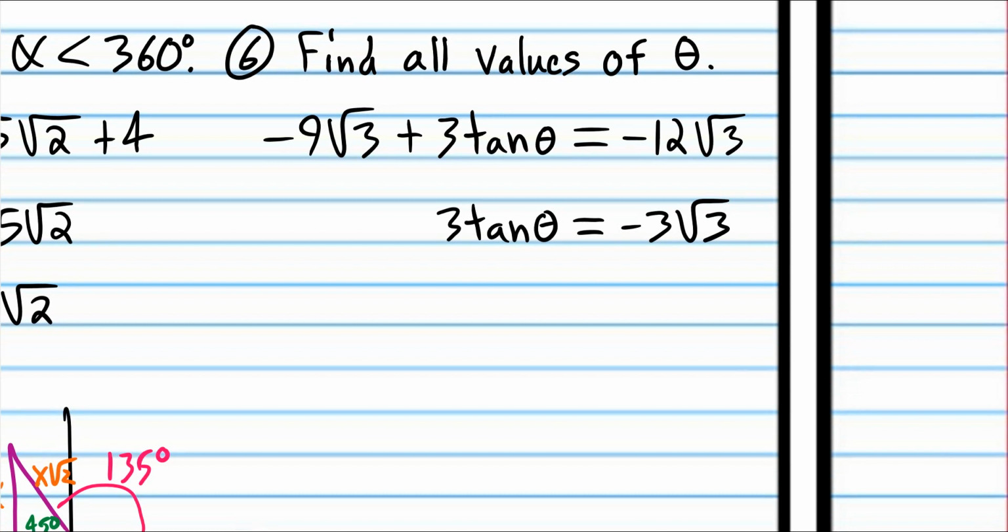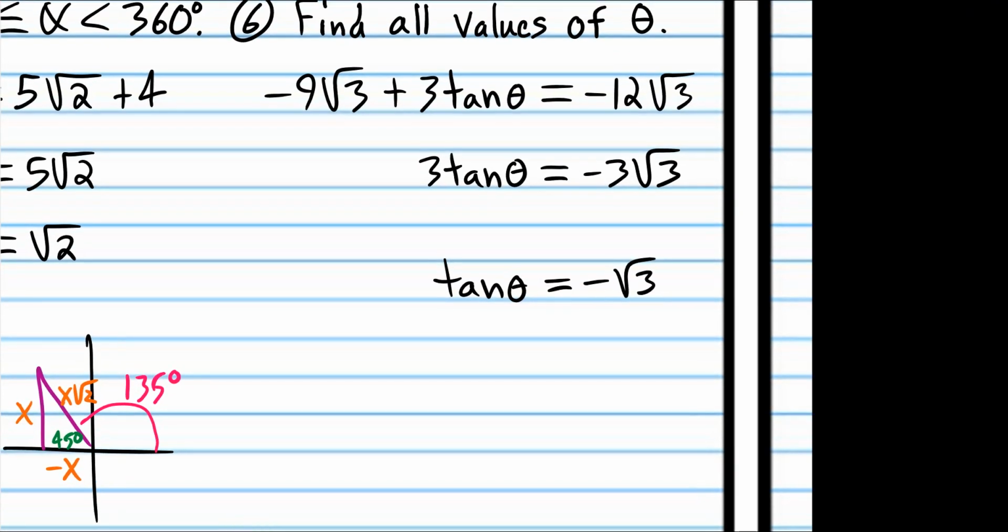You can think of it as negative 12 apples plus 9 apples is negative 3 apples. Not that you can really have a negative apple. Divide both sides by 3. And we get negative root 3.